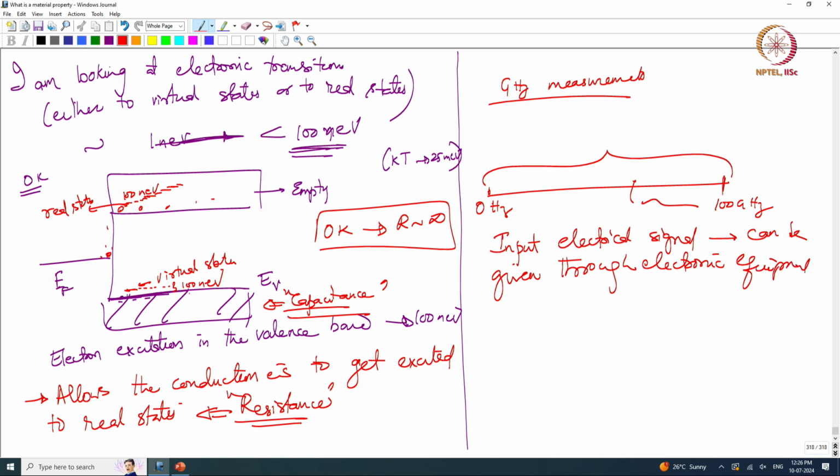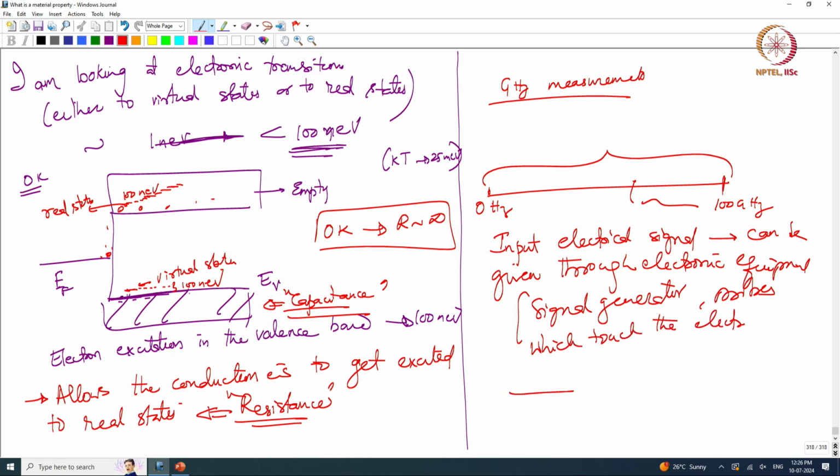That means I have a signal generator, and I have probes which are physically touching the electrodes. I have these probes, I have my two electrodes, and a ground probe.